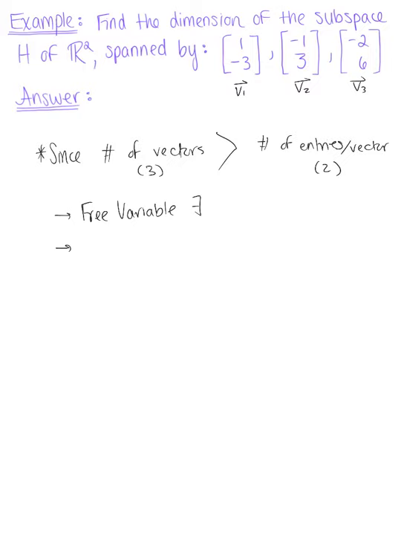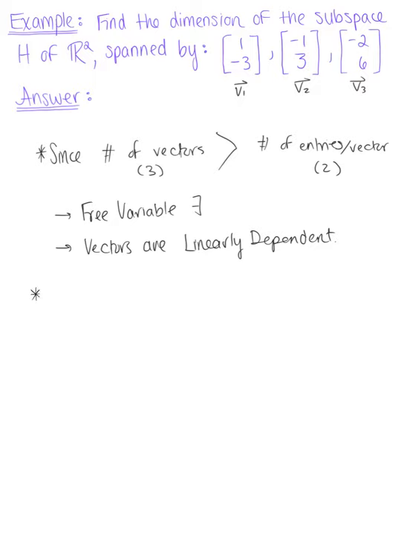And so the set of vectors is linearly dependent. So we've got to find some sort of linear dependence relationship. We want to apply the spanning set theorem and remove the redundant vectors.